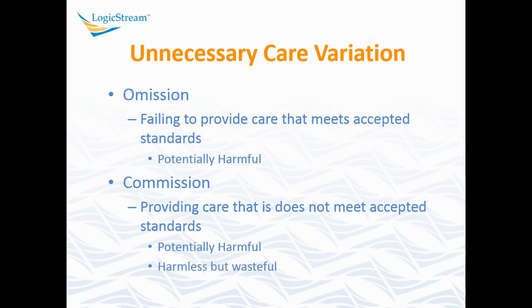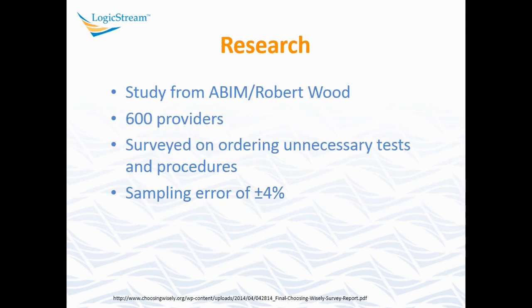Those examples are potentially harmful. There are also examples that are harmless but wasteful. Examples of that would be ordering daily CBCs on patients in the hospital that don't really need that, where it's not indicated, ordering an MRI on a simple, uncomplicated ankle sprain. So in those examples, you're not necessarily doing any harm to the patient, but it is wasteful of resources.